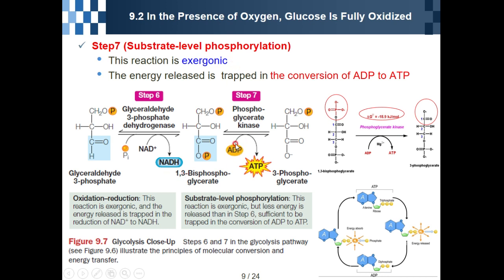ADP is converted to ATP because this phosphate is removed. During that time, 18.9 kilojoules of energy is released, and this energy is trapped in the conversion of ADP to ATP.